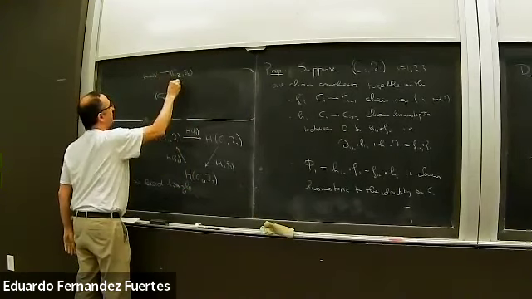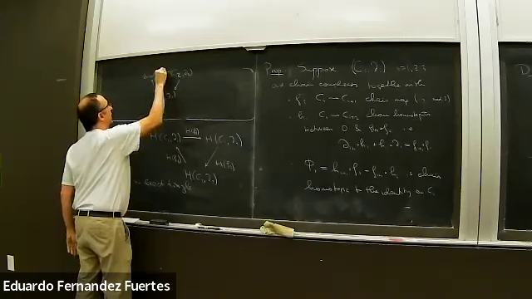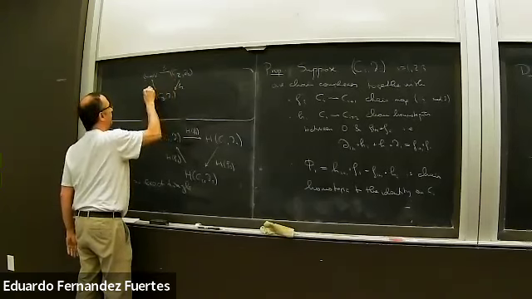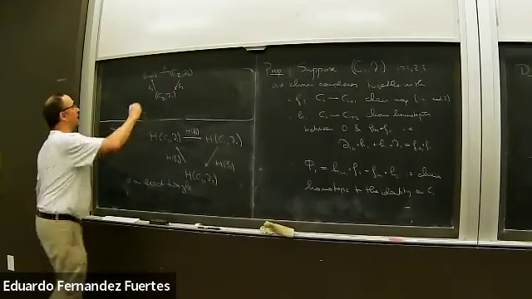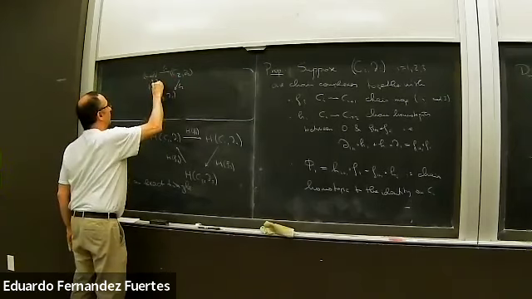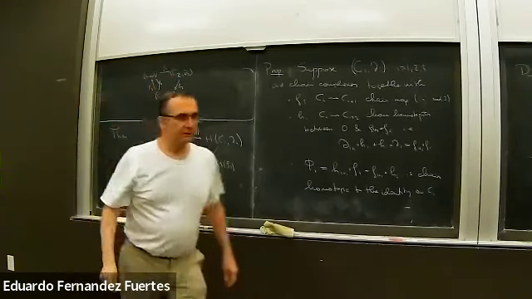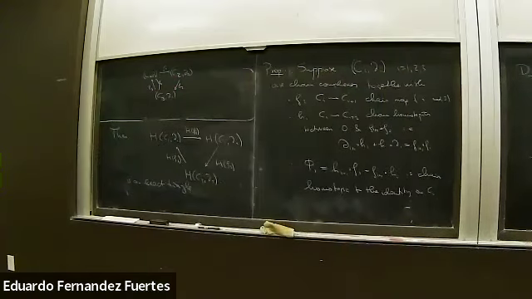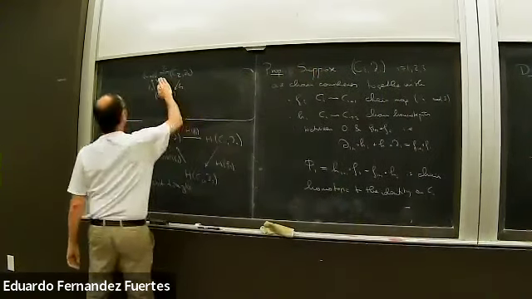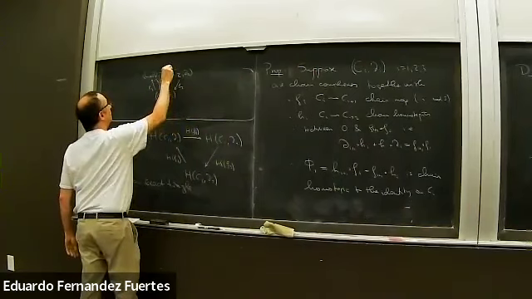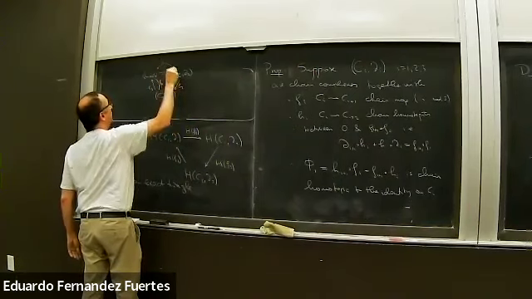Then we have the F's, which just go around: F_1, F_2, F_3. We have the H's, which go in the opposite order: H_1, H_2, H_3.